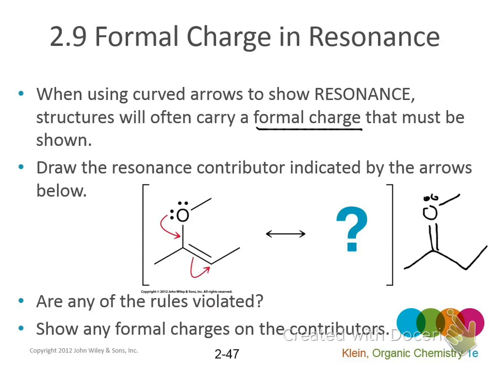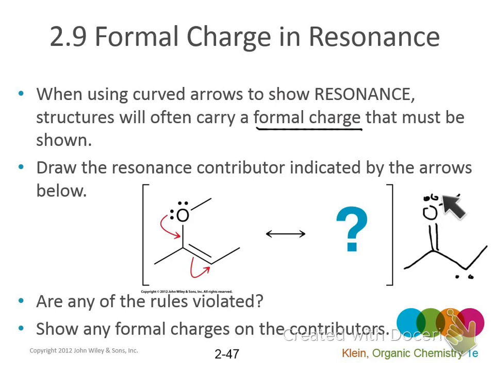Now, what makes up a bond? Electrons, right? And in the case of a sigma or a pi bond, it's a pair of electrons. So on this carbon, I'll have a pair of electrons. And now what we have to do is take care of formal charge. So the oxygen is supposed to have 6 electrons, right?